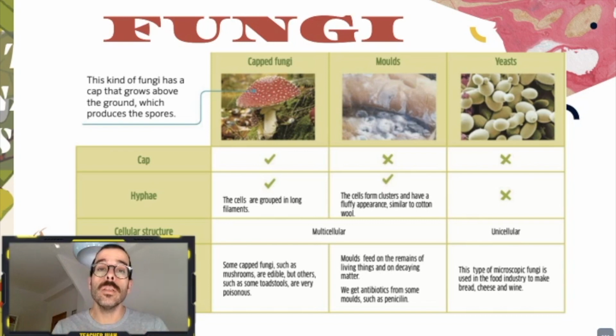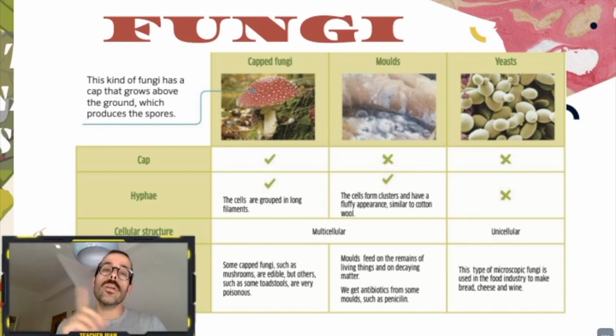The molds, which you know because maybe when you forget something in the fridge, it turns a little bit into a greenish color, a green color, that's a mold. In Spanish, we call it moho, okay? So molds are a type of fungi too. And the yeast, those that we use to bake bread, to make cheese and everything, okay?